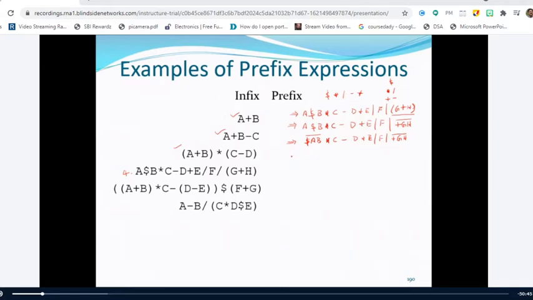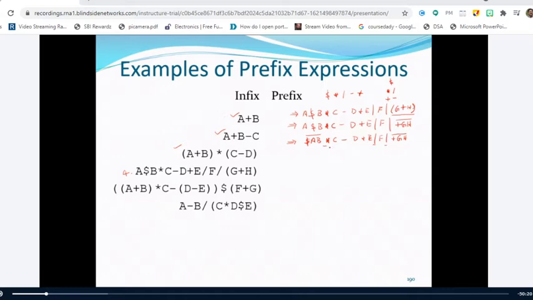After that, which sub-expression do we have to solve? We have multiplication and 2 divisions here, and division and multiplication have the same precedence. When we have operators of the same precedence, the concept of associativity comes into existence.